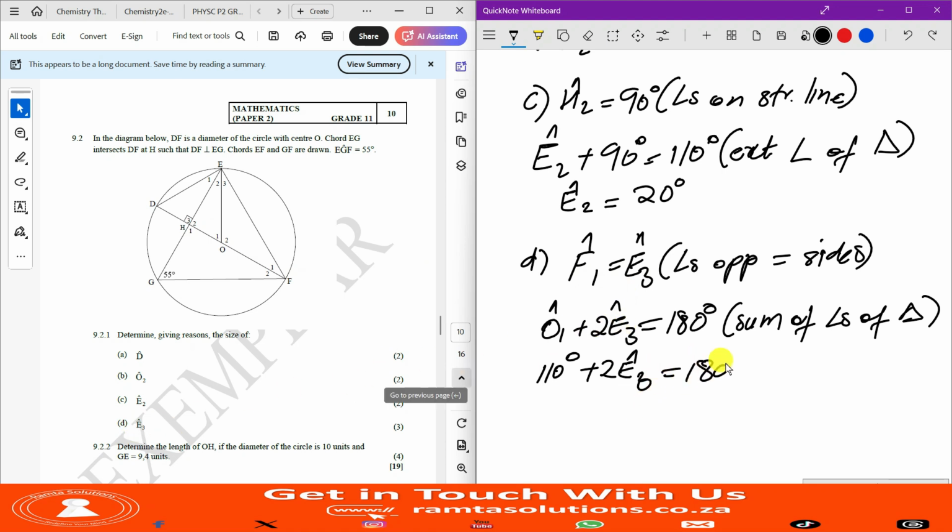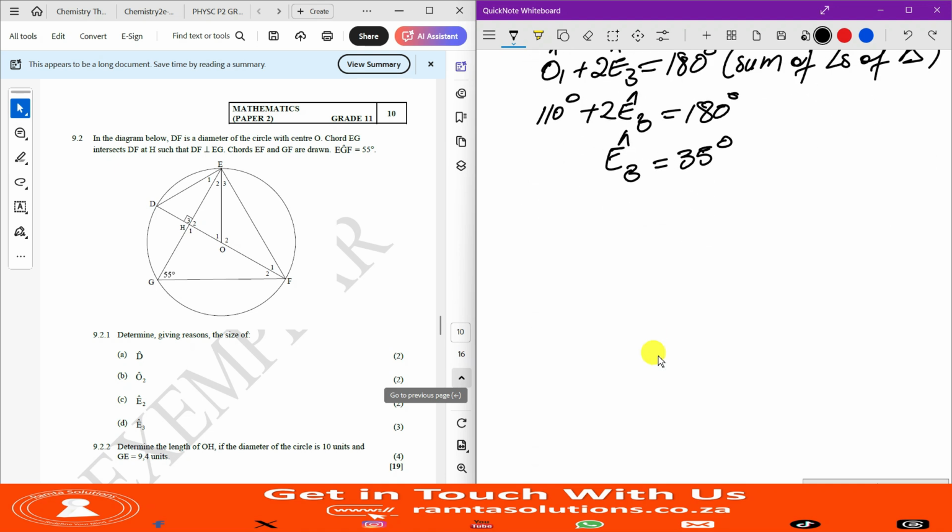Let me not do the long algebra. 180 minus 110 will be 70. 70 divided by 2 will be 35. Therefore, angle E3 is equal to 35 degrees. Perfect.